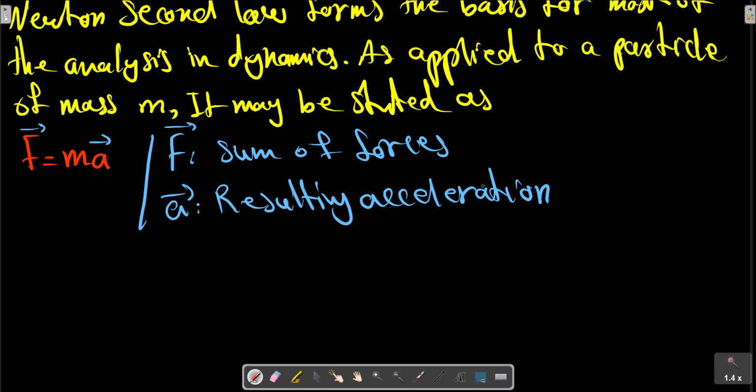This equation is a vector equation because the direction of F must agree with the direction of a, and the magnitude of F and ma must be equal.